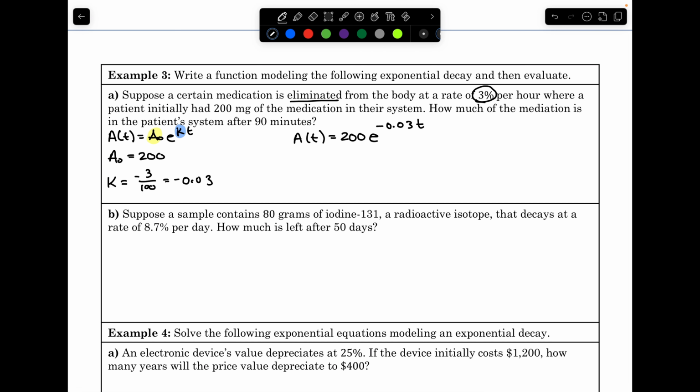The question is asking us to determine how much of this medication is going to be left in their system after 90 minutes. Since our k is measured per hour, we have to convert our minutes into hours.